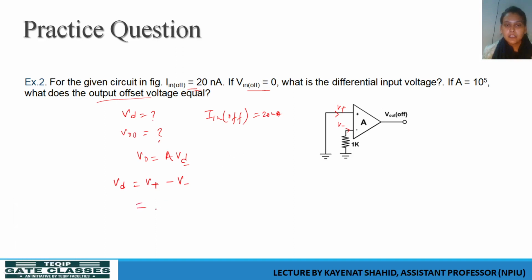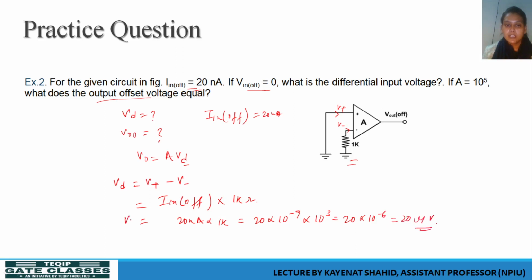This is nothing but the voltage that drops across I_offset into the 1k ohm resistor. So this is 20 nanoampere into 1k, which is 20 into 10 to the power minus 9 into 10 to the power 3, which is 20 into 10 to the power minus 6, that is 20 microvolt. So this is your VD, right?